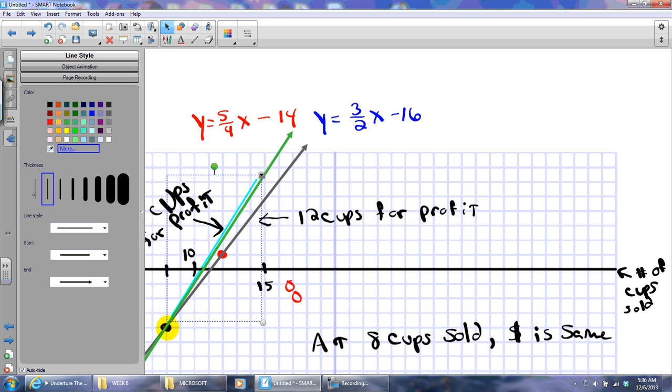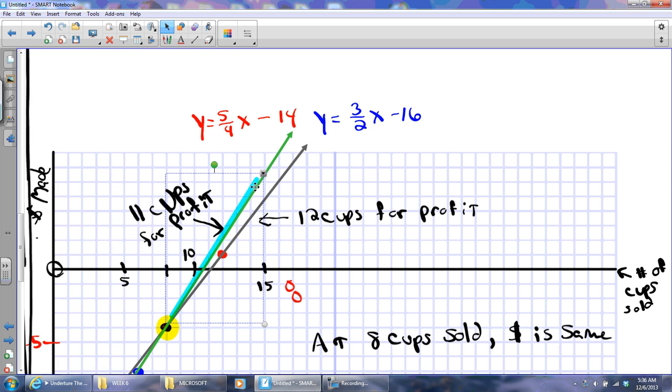That's a little too thin. There we go. So all of that, including this part here, right? So everything from there up is where Heathcliff has more money. How do I know? Well, the green line is higher up on the y-axis than the gray line.